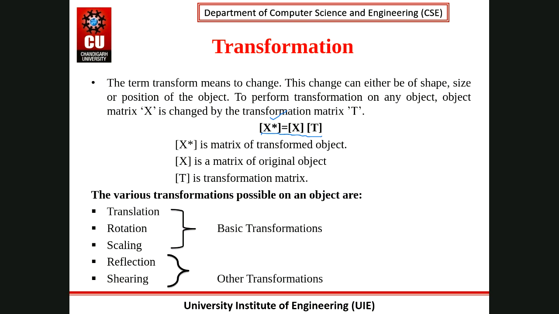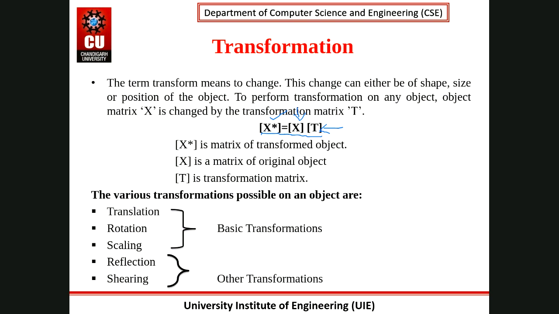If we apply some transformation matrix, or we can say vectors, translation vectors, scaling vectors, shearing vectors, something like that. T here is the transformation matrix, and the transformation can be any one which we have discussed: translation, scaling, reflection, anyone. X is the original matrix.